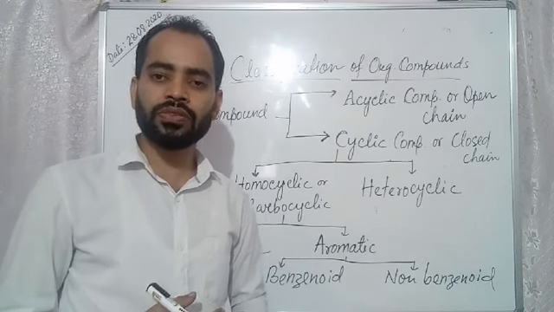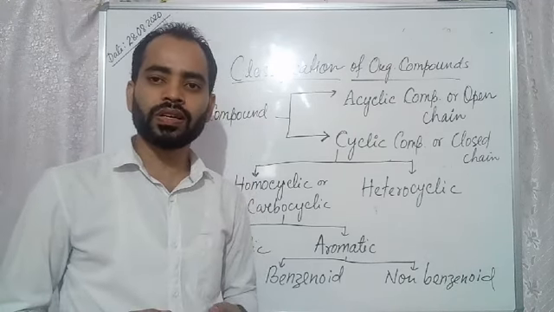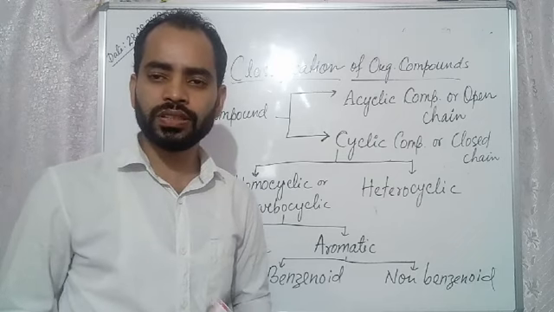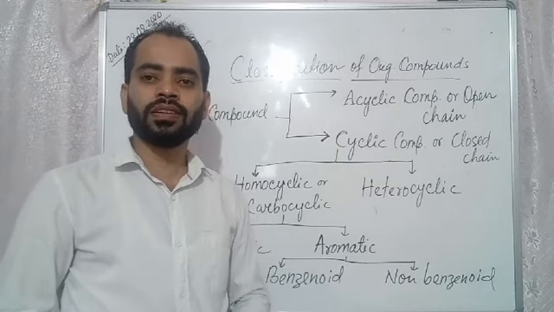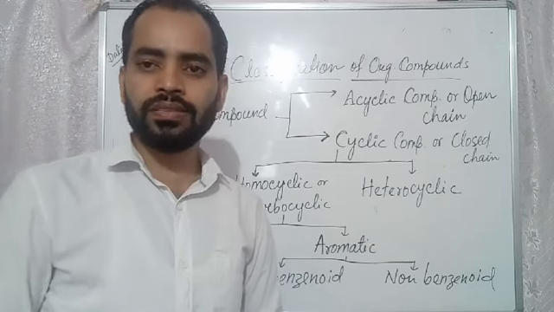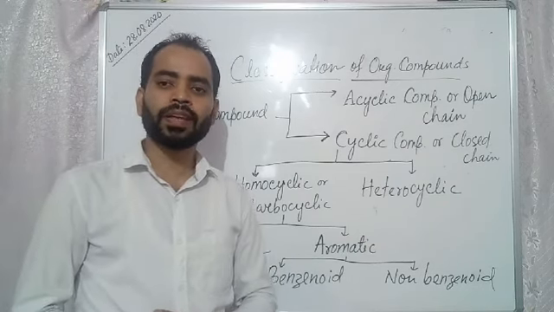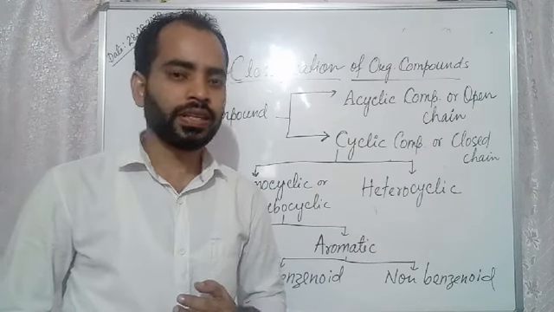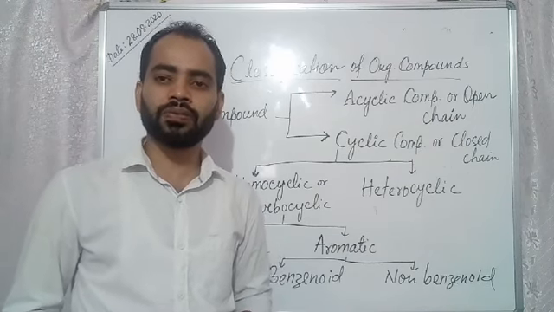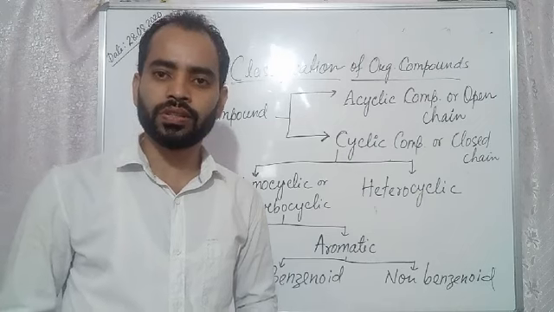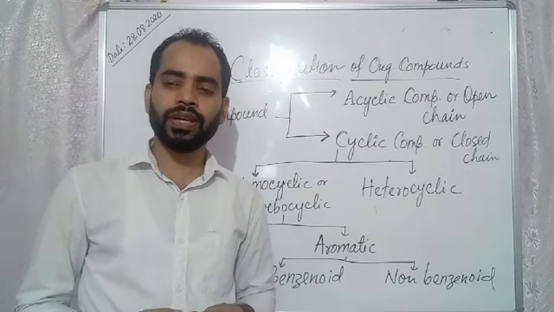Okay, 4 different types of representations are there. You can easily go through again and understand. If there is confusion, you can ask later on. Then we have also learned the different classification of the organic compounds. Hope it will be helpful for you.